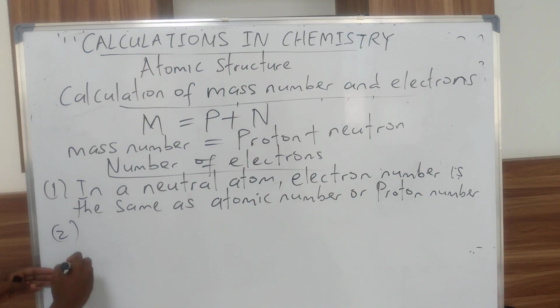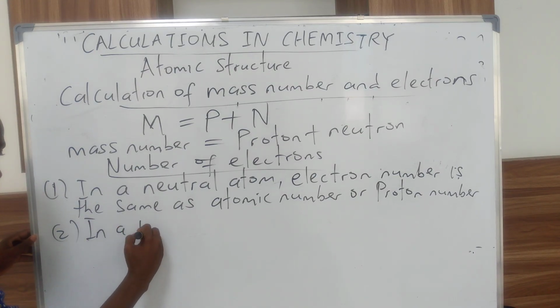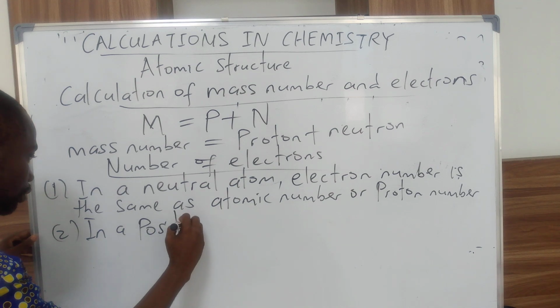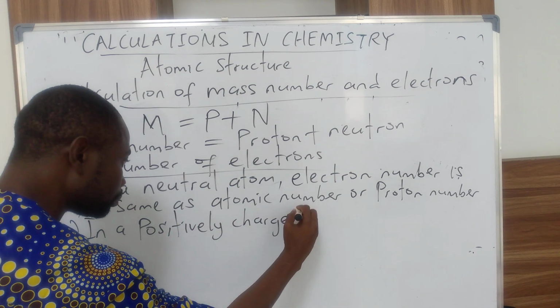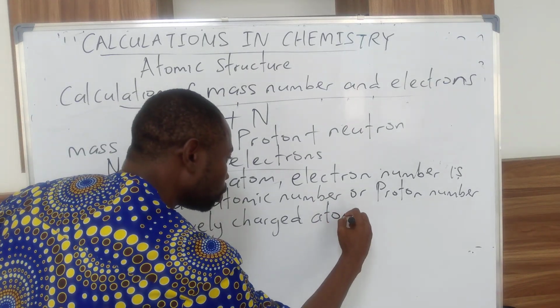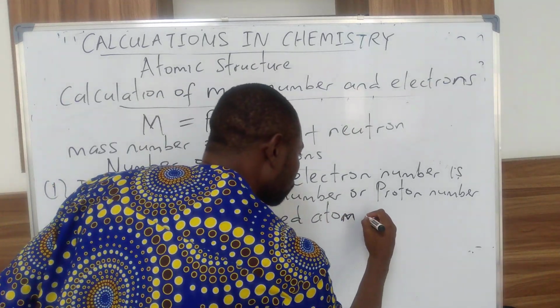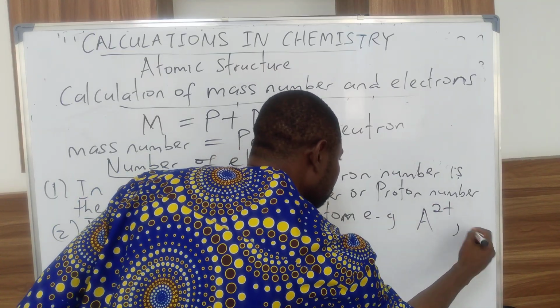Now, in a positively charged atom, for example, let's say you have A2 plus.